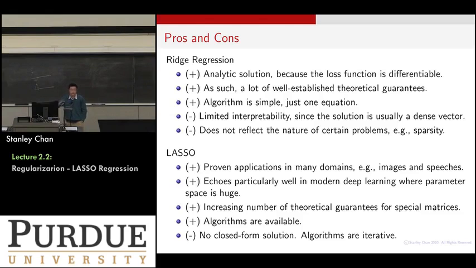In addition, it offers you some additional interpretability results. Of course, the algorithms are still harder than a ridge regression. That is the only drawback I can see for now.